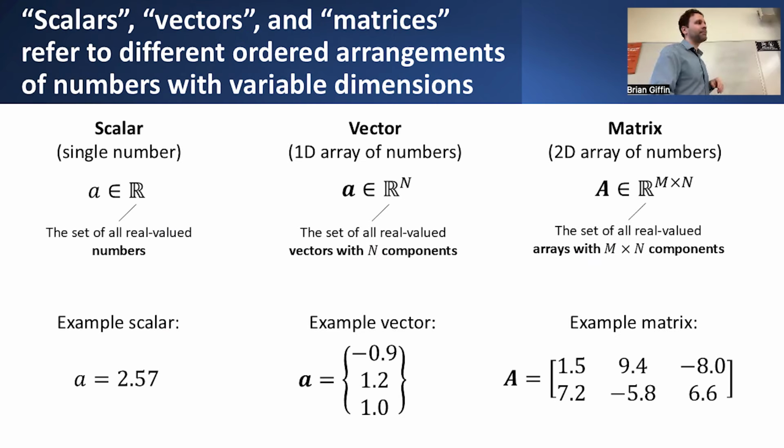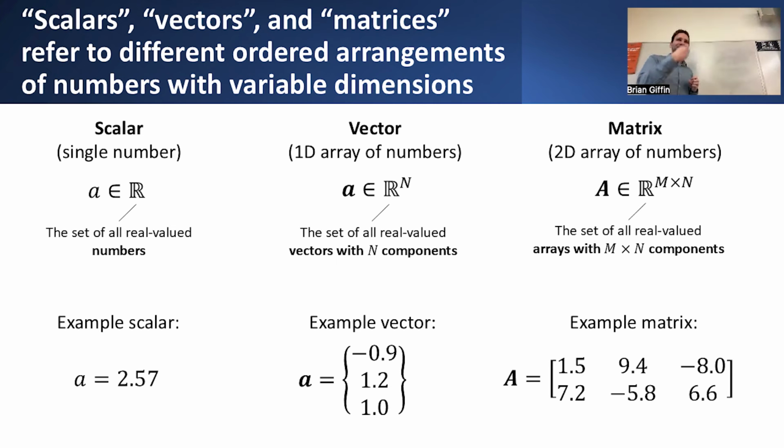Now I want to get to this subject right off the bat. What are vectors and matrices to start out with? And I'll add in another category, which I'll call a scalar. A scalar is really nothing more than a single number. Usually if I'm denoting a scalar, I'll denote it with a lowercase letter, non-boldface, and it will belong to the set of all possible real numbers.